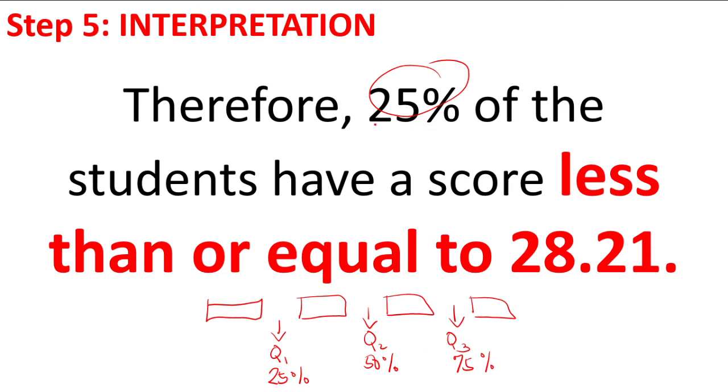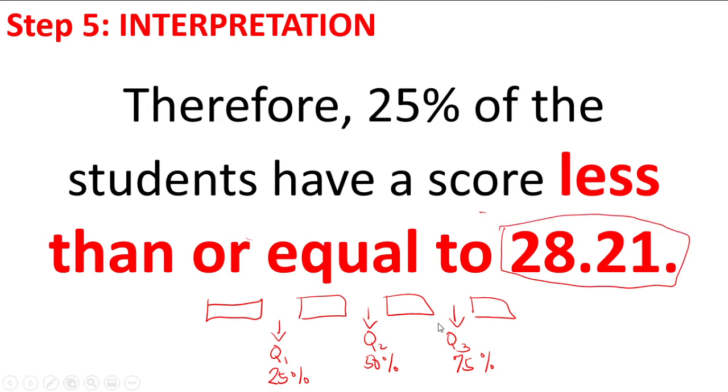Sabi niya, therefore, 25% of the students have a score less than or equal to 28.21. So, ibig sabihin, 1/4 ng estudyante, 1/4 of 50 students got a score less than or equal to 28.21. Yun ang ibig sabihin nun. Okay? So, this is now the value of the first quartile, 28.21.